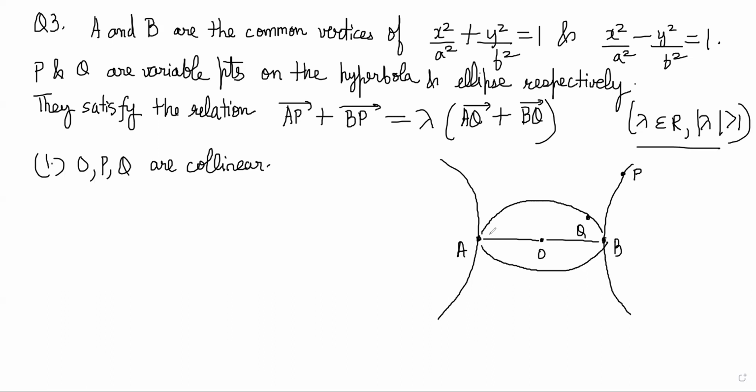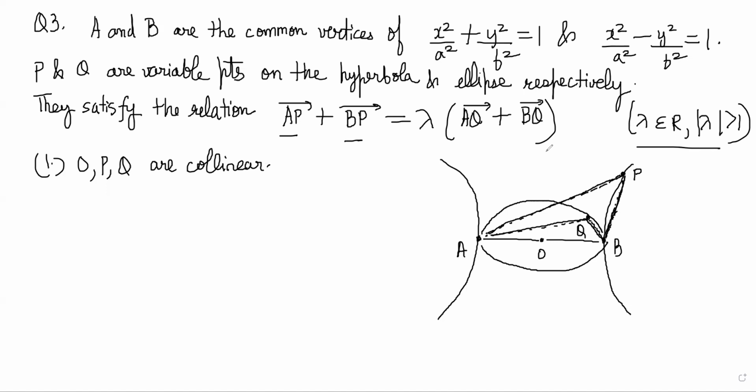So we have to join AP and BP, and we have to join AQ and BQ. And what is the condition that is satisfied? AP plus BP vector sum is lambda times AQ plus BQ vector sum, right? Okay.